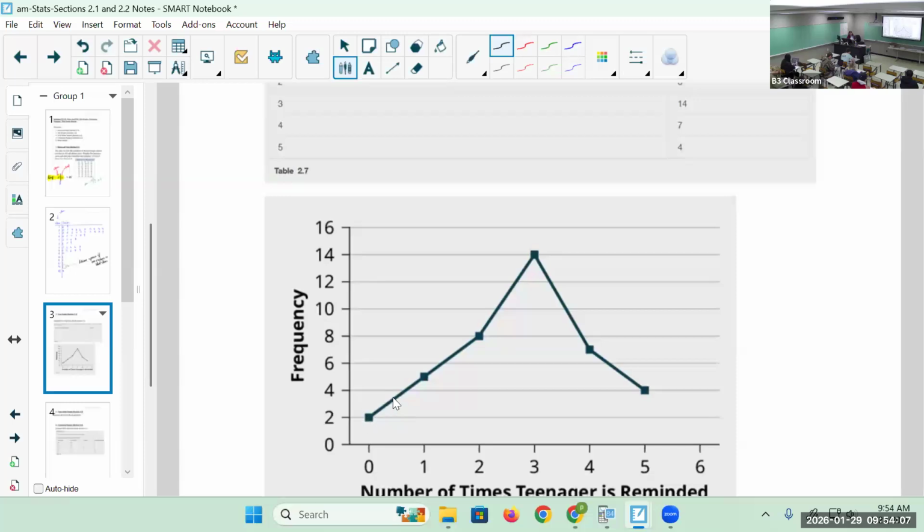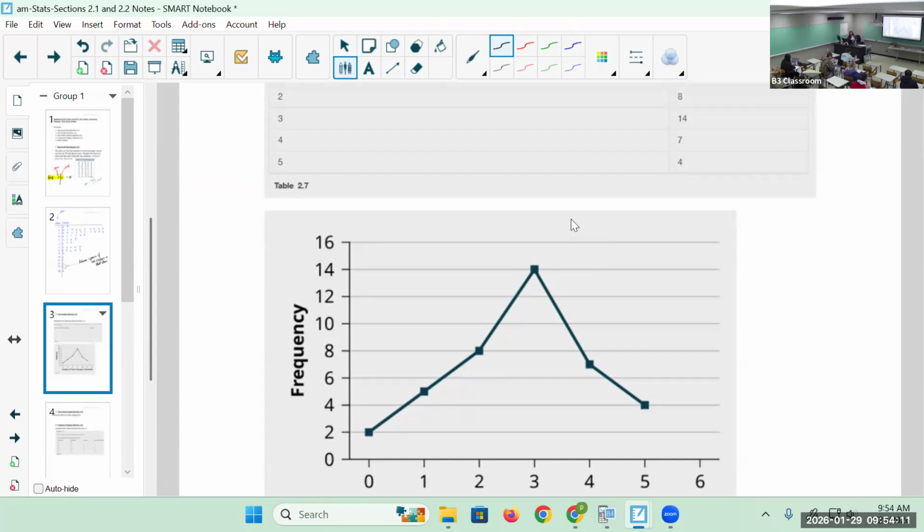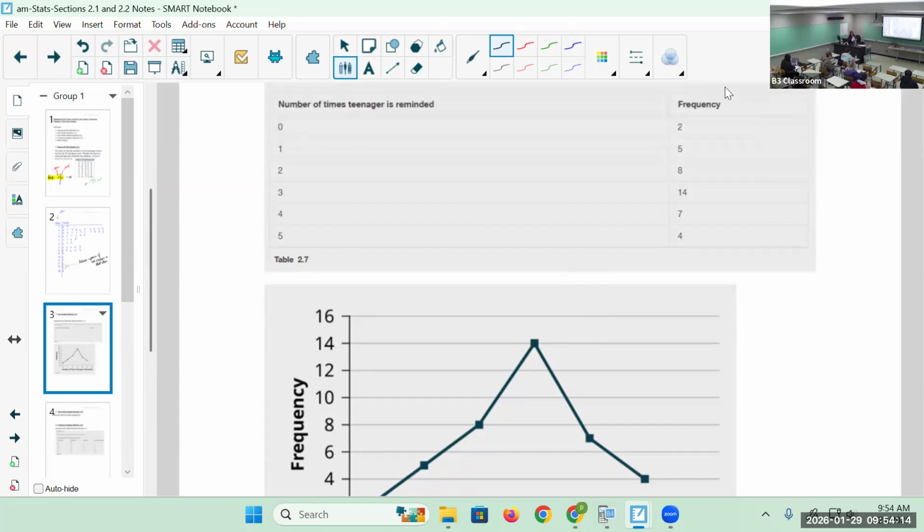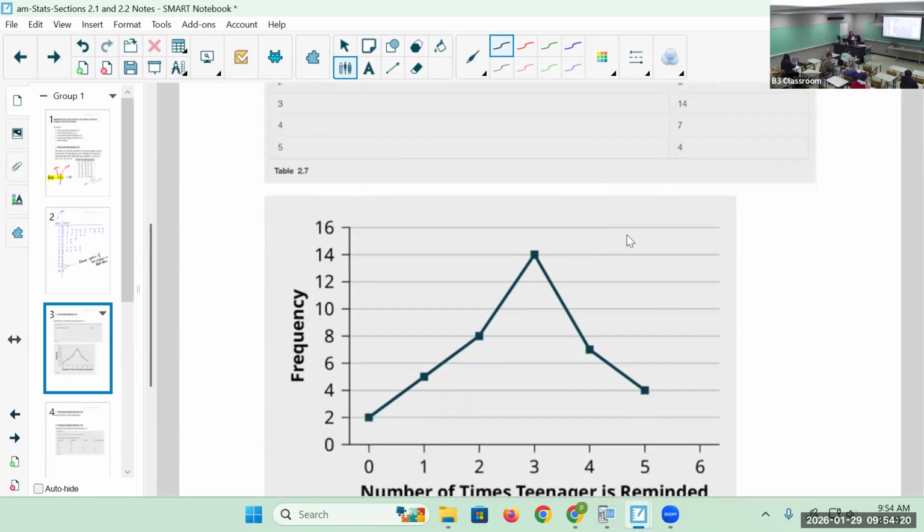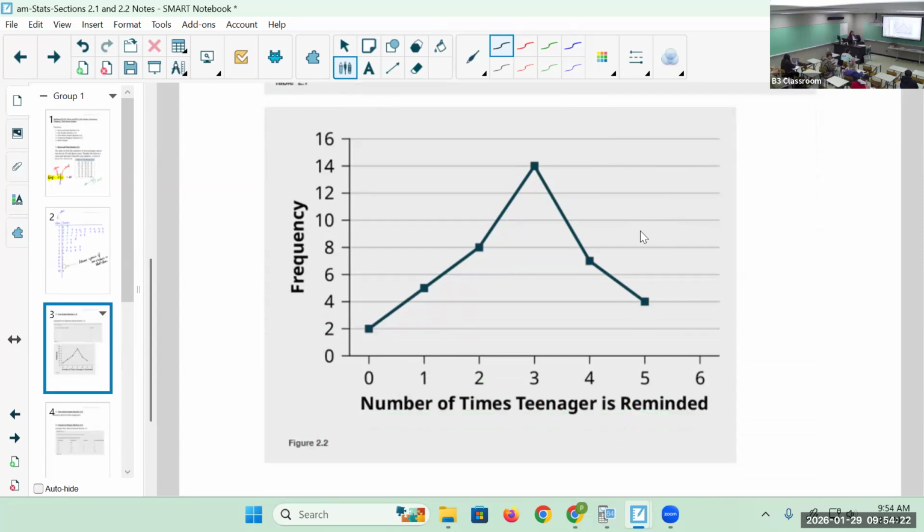It's a point, but then they're connected. So every one of those points corresponds to the frequency for each of those categories of the number of times, but then they're connected by line segments. This is what a typical line graph looks like.